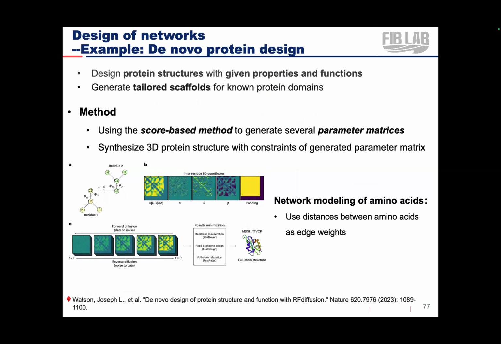And as for the design of networks, in this example they focus on the protein design of real-world natural networks. Designing a protein structure with a given property and function can be formulated as a network generation problem. They also use a score-based method to generate several parameter matrices. Based on these matrices, they synthesize the 3D protein structure with the constraints of the generated parameter matrices.